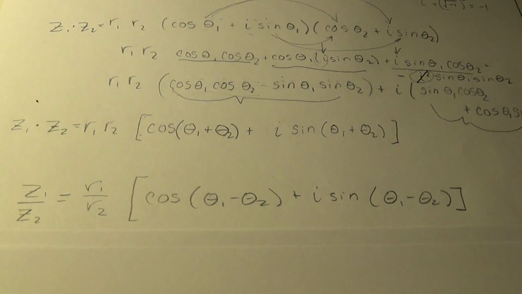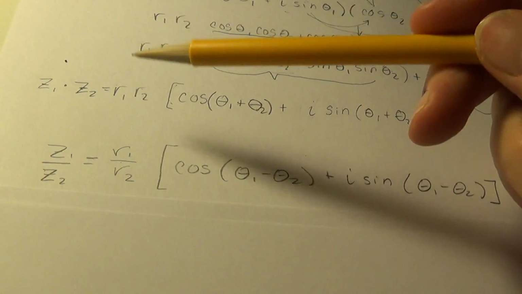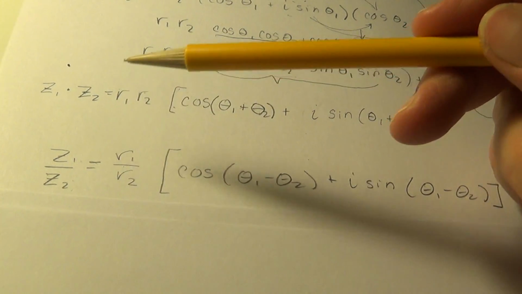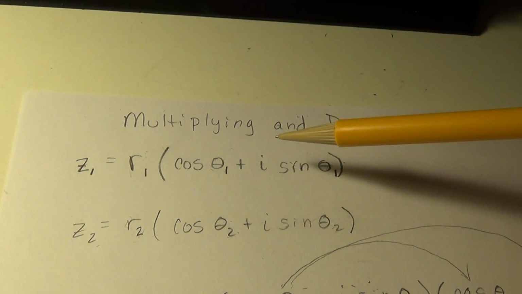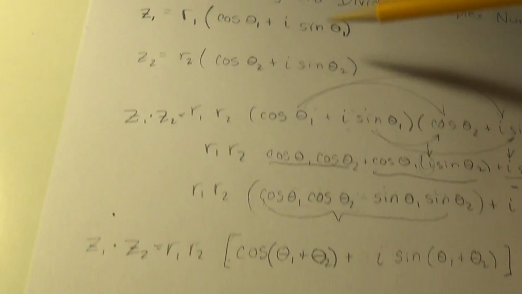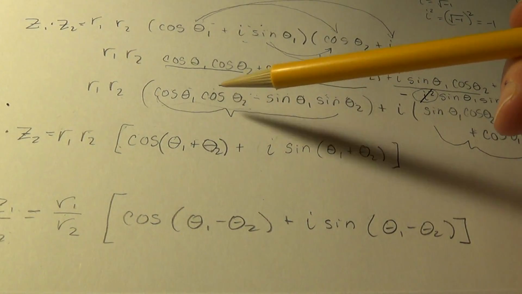I'm not going to go through the same development, although we could in the same way. If you divide two complex numbers, z1 and z2, the same complex numbers that we started with, the formula can be developed just like we did with multiplication.